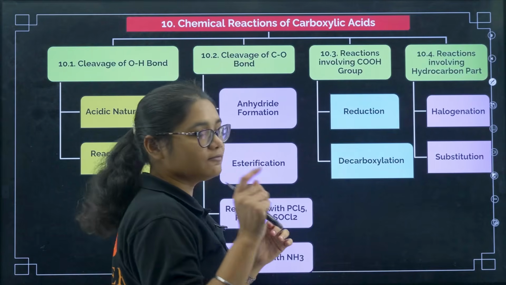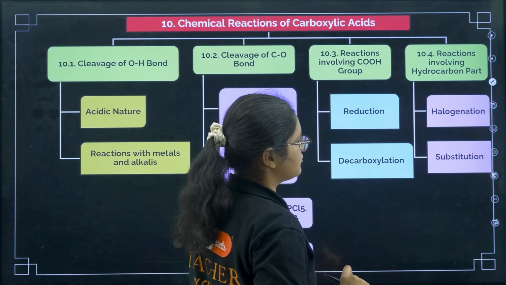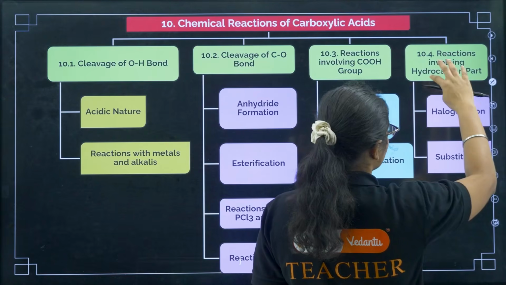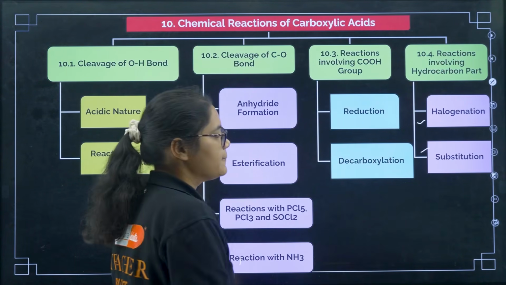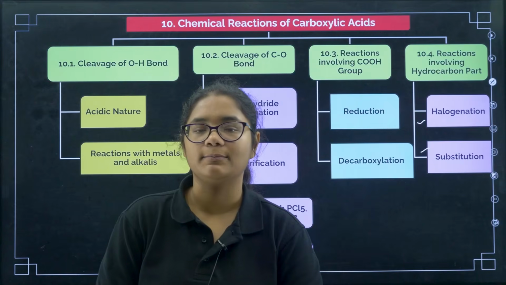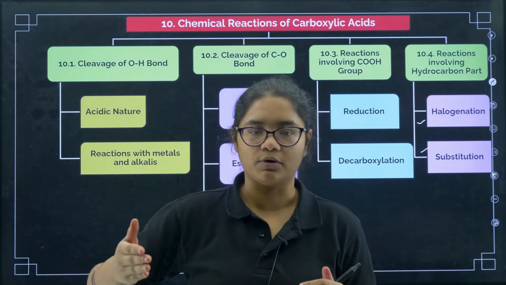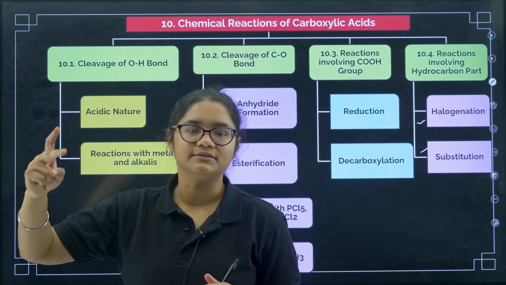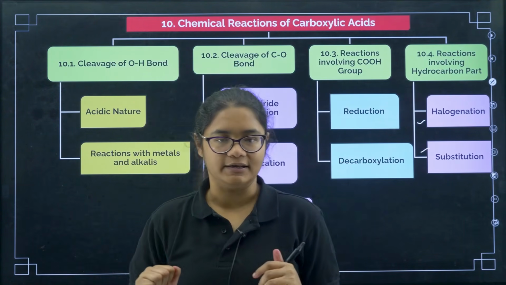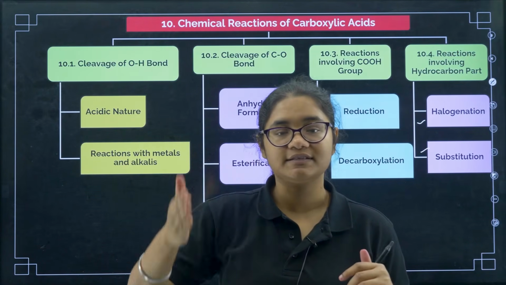Next, reactions involving the COOH group. That is your reduction and decarboxylation. Now reactions involving the hydrocarbon part: you have halogenation and substitution. Let us have a brief look at what I am talking about. Where there is a cleavage of the OH bond, we have reactions with metals, reactions with bases, and the acidic nature. The second is reactions involving the cleavage of the CO bond.